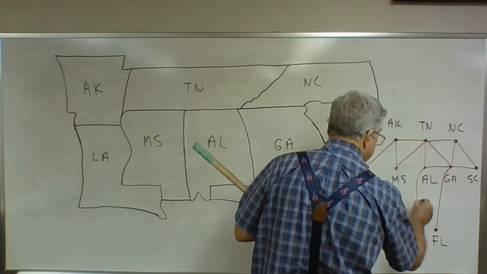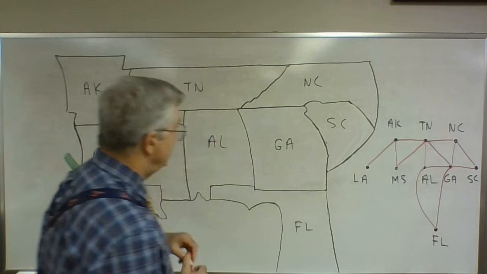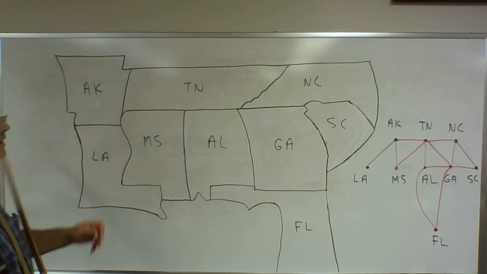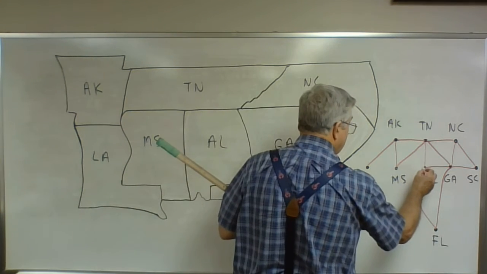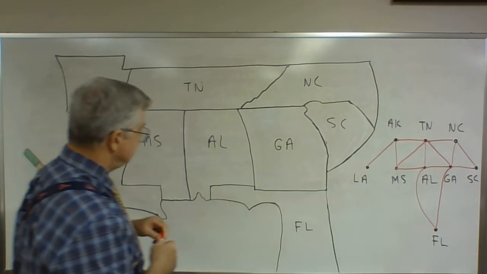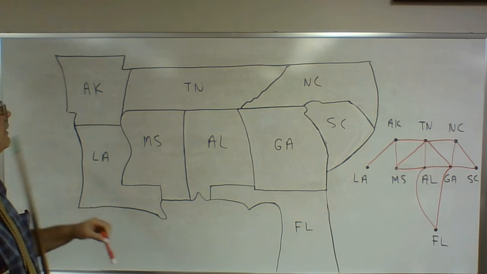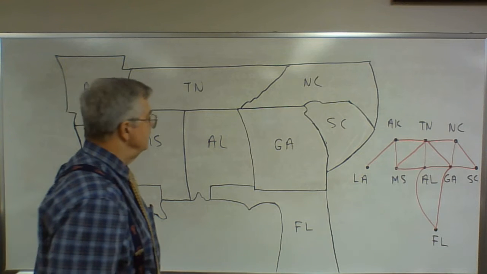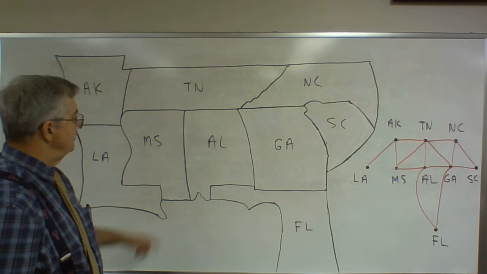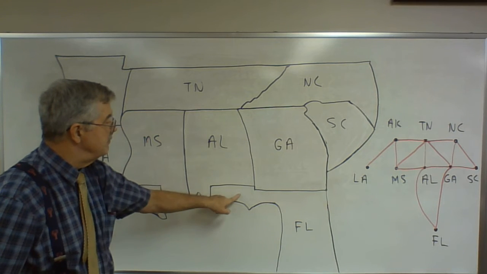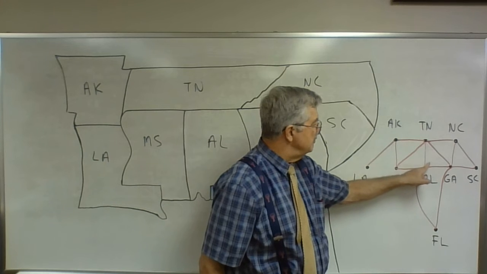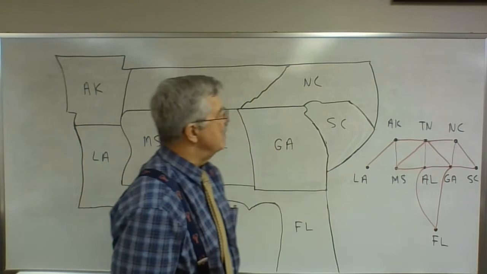Here's Alabama joining Florida. And Alabama joins Mississippi. We got to put that in. Here's Alabama joining Mississippi. And then we get back to Tennessee, so that accounts for Alabama. And just to make sure, how many states does Alabama border with? 1, 2, 3, 4. How many edges do we have connected to Alabama? 1, 2, 3, 4. I think we got them all.